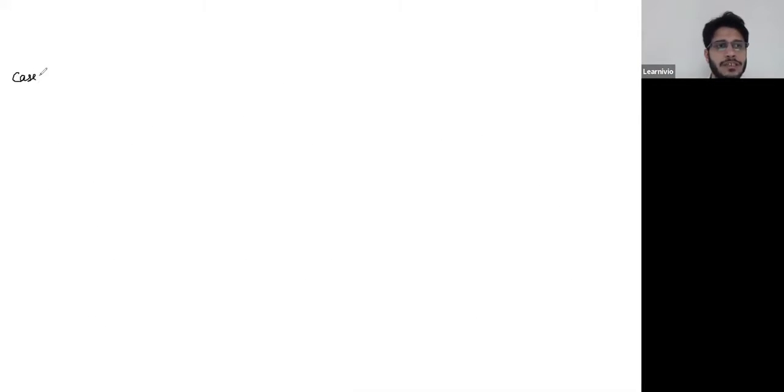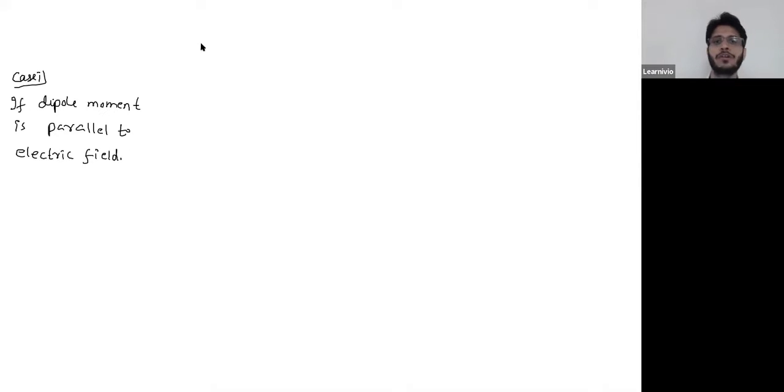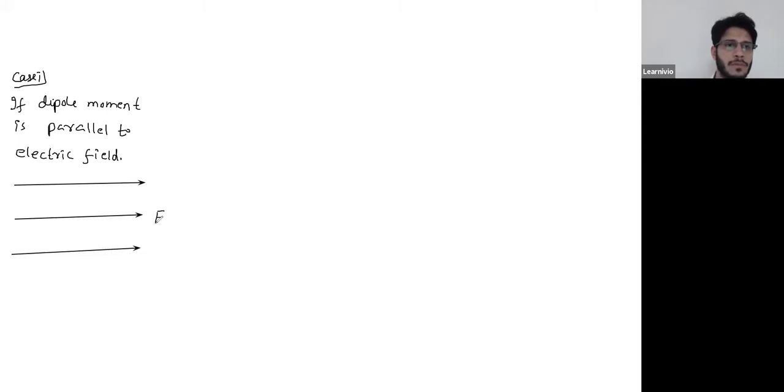Then there are some special cases. Case 1 says if dipole moment is parallel to electric field. So this is the electric field, and your dipole is placed just parallel to the field.